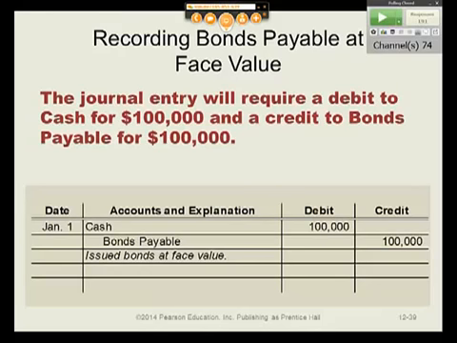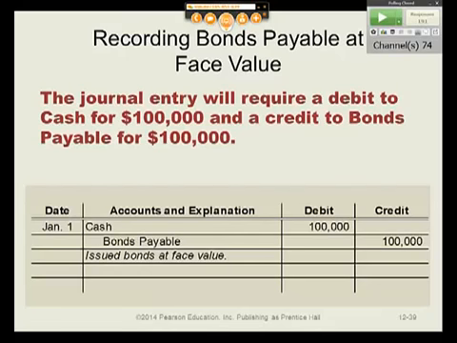Remember, this again is the stated rate, coupon, or face rate. Exactly, always the same, no matter what the market rate is. This is the rate that is stated on the bond certificate. Okay.